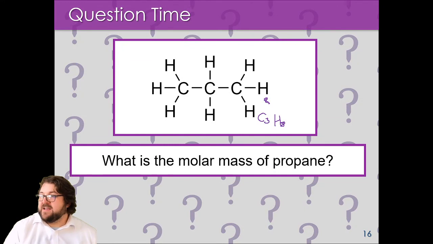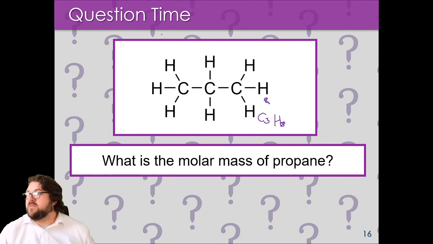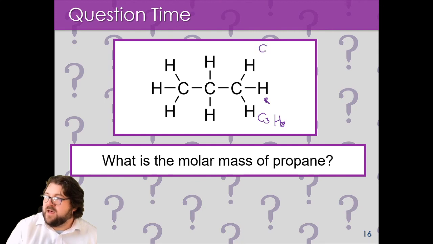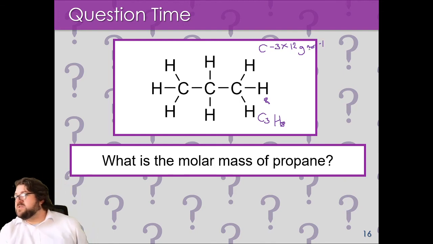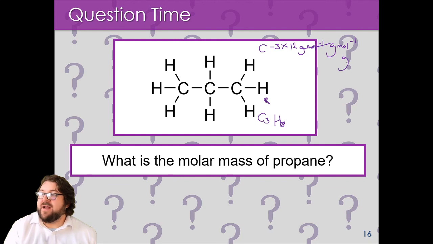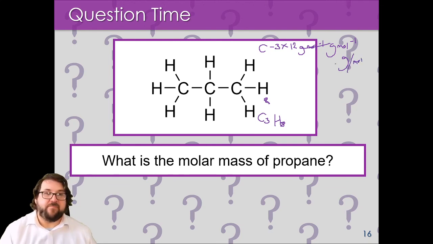So for a mole of these atoms, I'm going to have 3 lots of 12. If we think about the units, I'm saying 12 grams per mole of atoms. I'm going to use mol to the minus 1. Sorry, that got a little bit lost there, so I'm just going to write it again. Grams per mol to the minus 1 is exactly the same as writing grams per mole, so whichever you prefer.